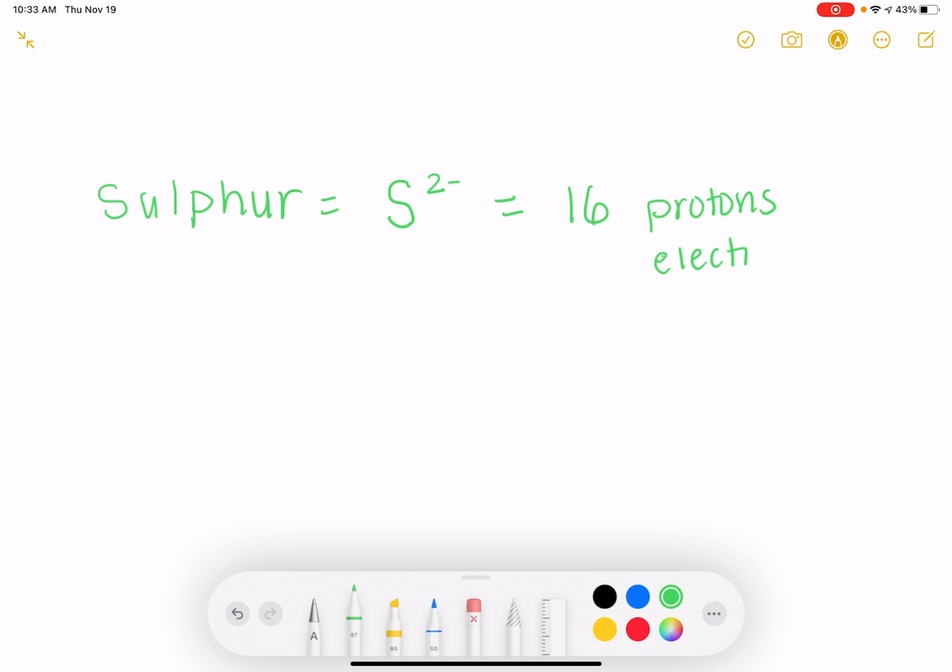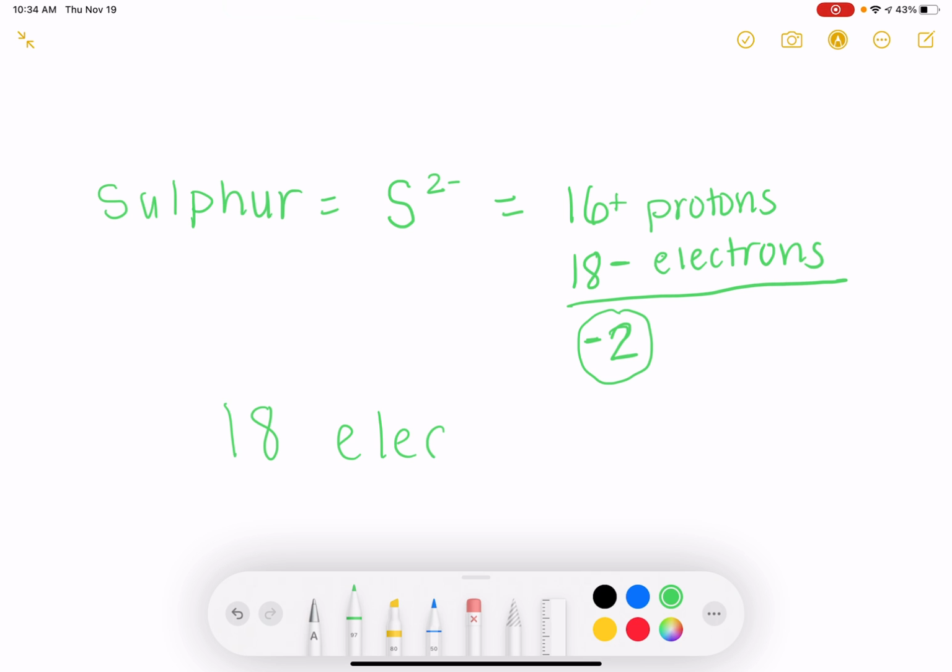Electrons, we don't know, but we know that the overall charge is -2. So for this one, again, we need to have 2 more negatives than we do positives. So if we have 16 positives, that means we need to have 18 negatives. And again, this means we have 18 electrons.